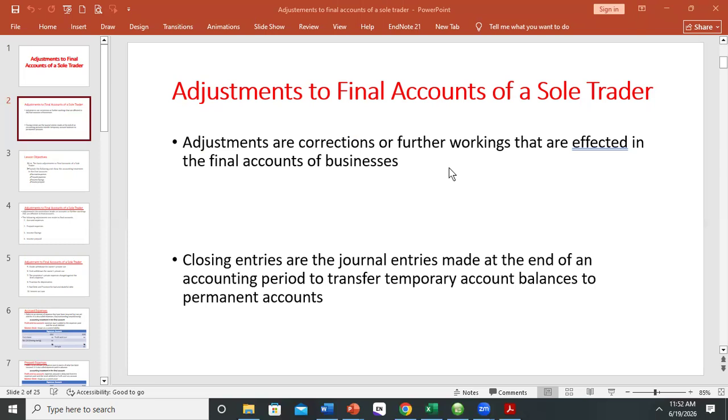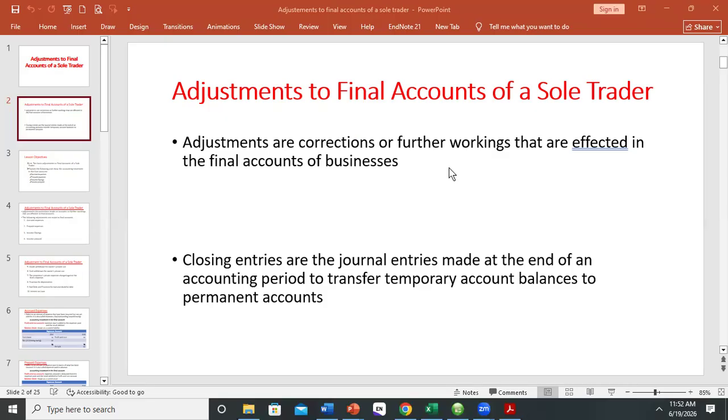Again, when you are doing adjustments, you pass closing entries. What we mean when we say closing entries is that these are entries made at the end of the period to transfer balances from temporary account to permanent account.